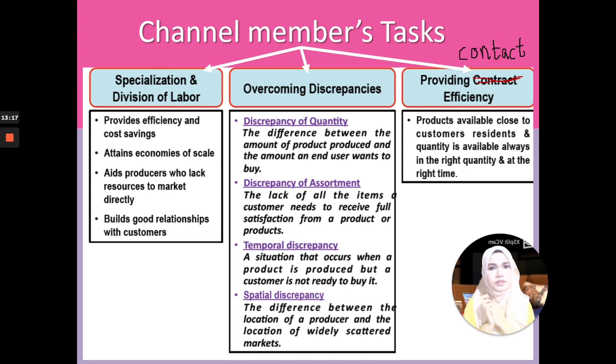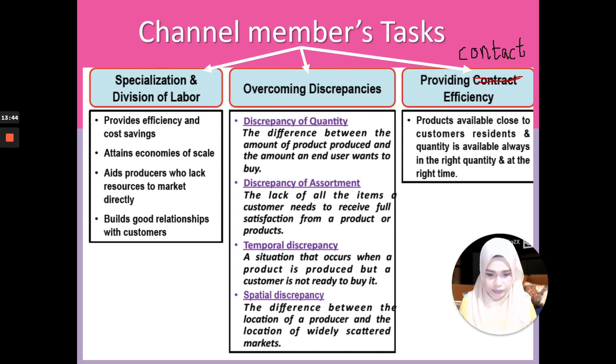So I will produce in large quantity, but consumers don't want to buy the whole lot of ice cream. Where would they put it? Keeping ice cream in your refrigerator will consume a lot of space. So typically an end user will only buy 1, 2 or 3, or even 10 if you have 10 members in the family.